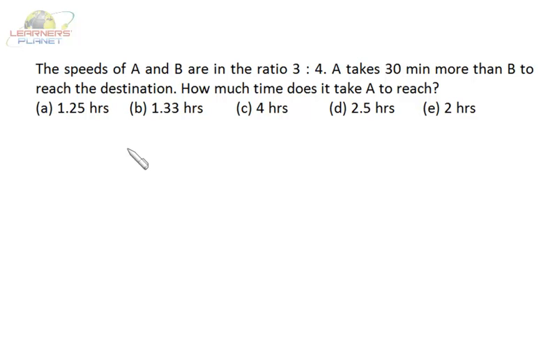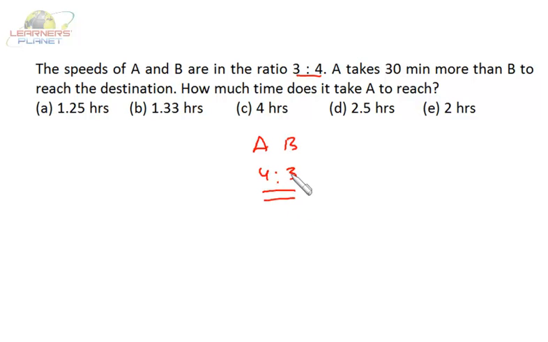Now once again, very simple problem. The speeds of A and B are in the ratio 3:4. If A takes 30 minutes more than B to reach the destination, how much time does A take to reach? Now friends, since speed is inversely proportional to time, if the ratio of speed of A and B is 3:4, then the time ratio will be 4:3.